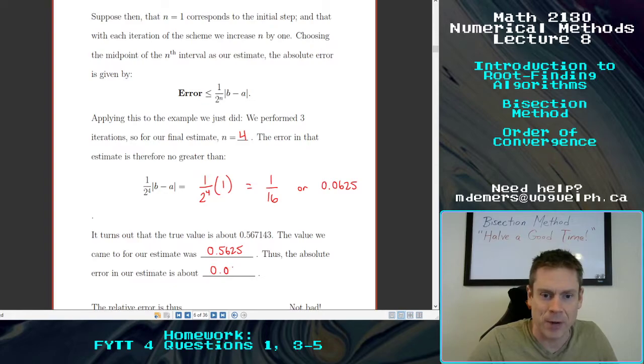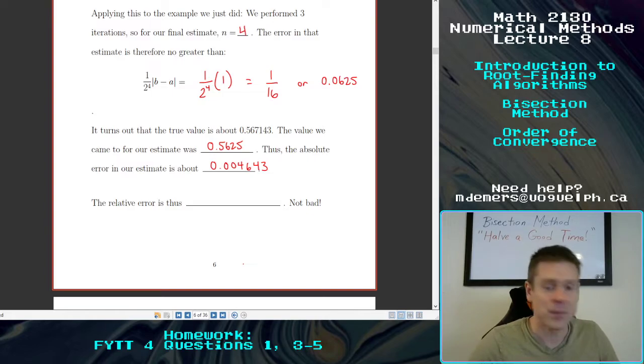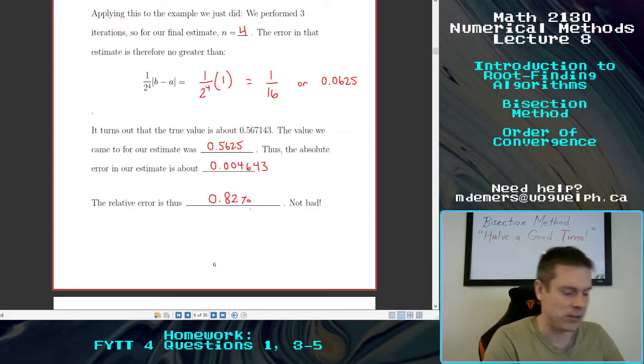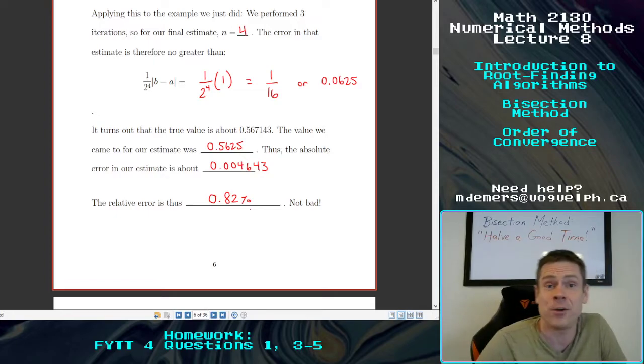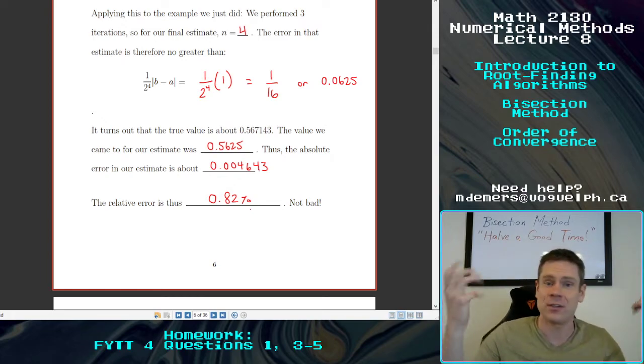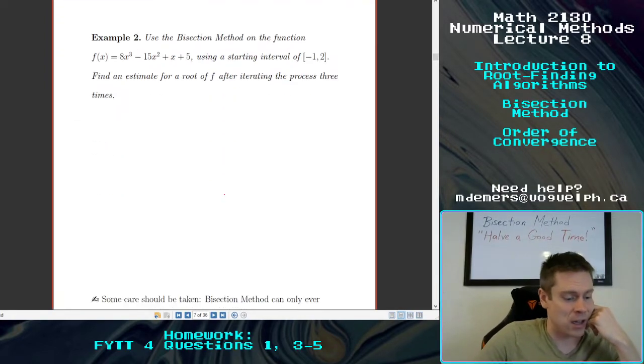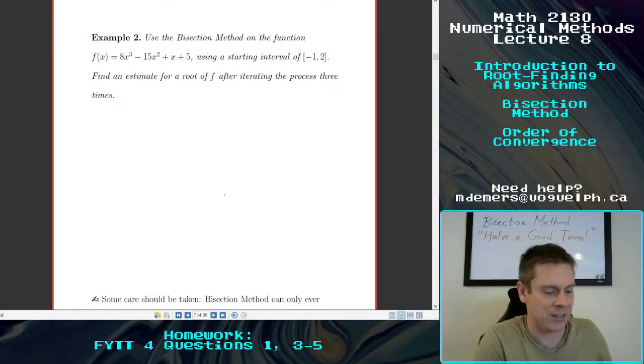I wrote this down, hopefully I'm right, 0.04643. Excuse me. The relative error works out to, with just 3 iterations, 0.82%, which you could calculate for yourself. That's not bad. Considering that we only did 3 iterations, that's something a computer could do in a tiny fraction of a second, and in reality, you could do this 100 times over to get to a much, much more precise solution. Cool.